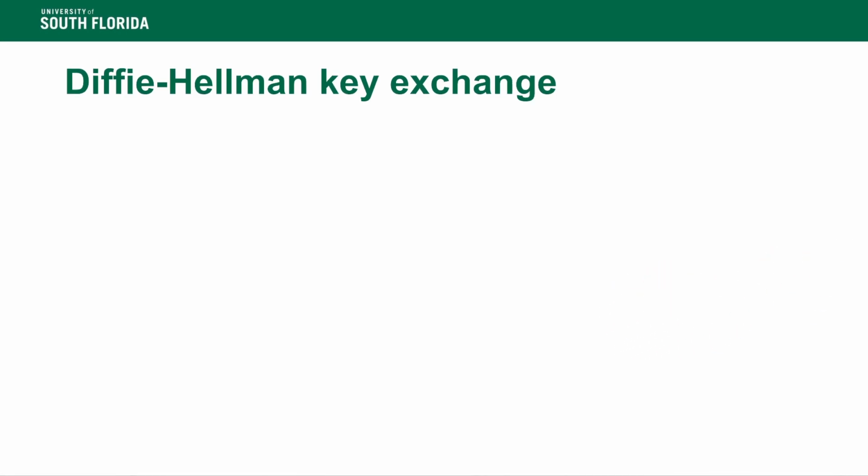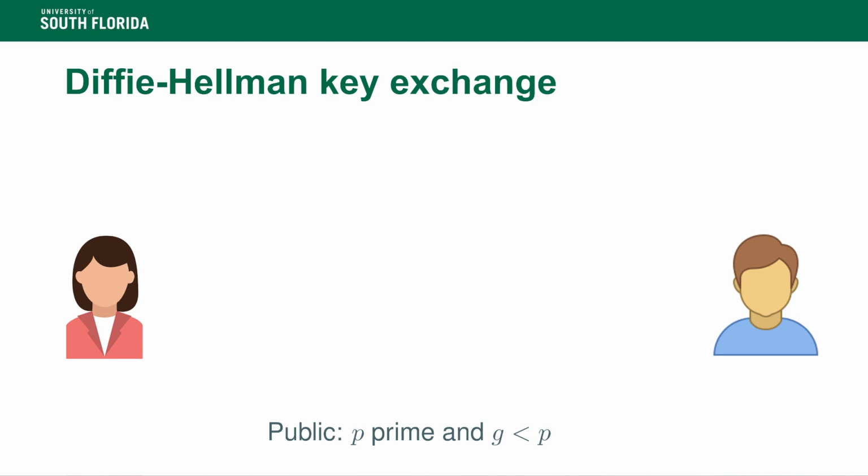The Diffie-Hellman key exchange protocol is a protocol between two players who want to create a secret key that they can use, for example, as a secret session key. The public values are p, a prime, and a base g, which is a number less than p.